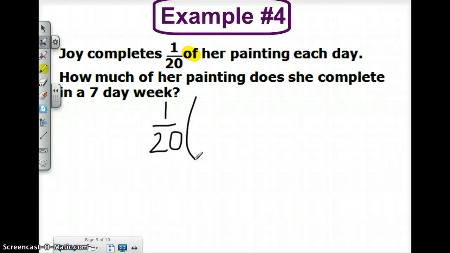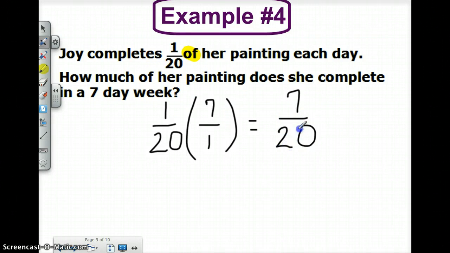How much of her painting does she complete in a 7-day week? 1/20th times 7, because she does 1/20th of the painting every single day, is going to give us 7/20ths.